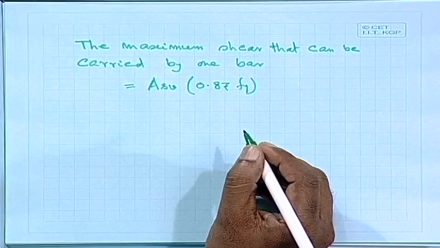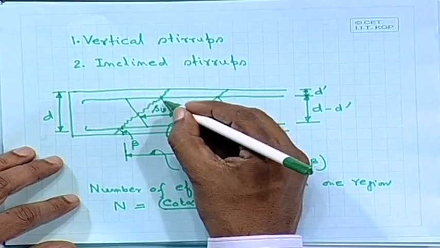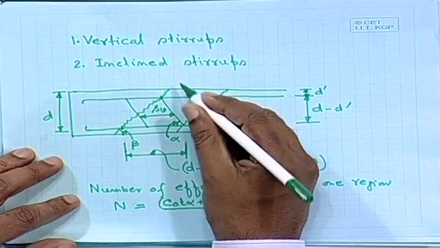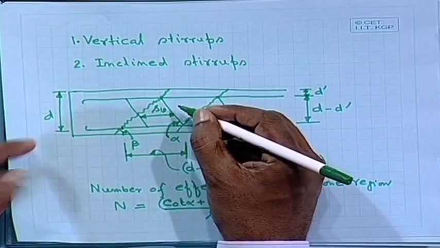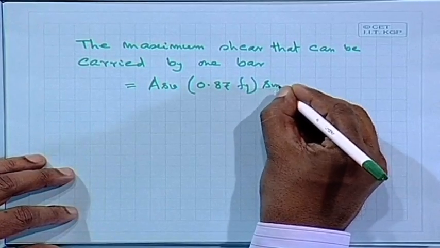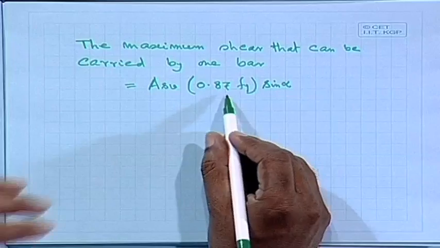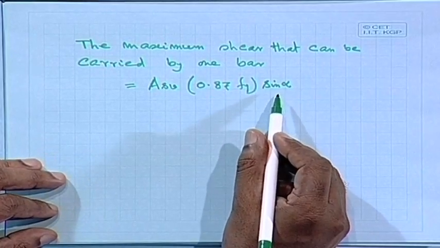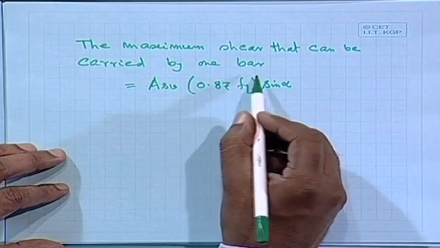It should not be vertical, because it is inclined. We are taking these bars as inclined, so the resisting component comes as times sin alpha. So, ASV times 0.87 Fy times sin alpha. This is the maximum shear that 1 bar can take.